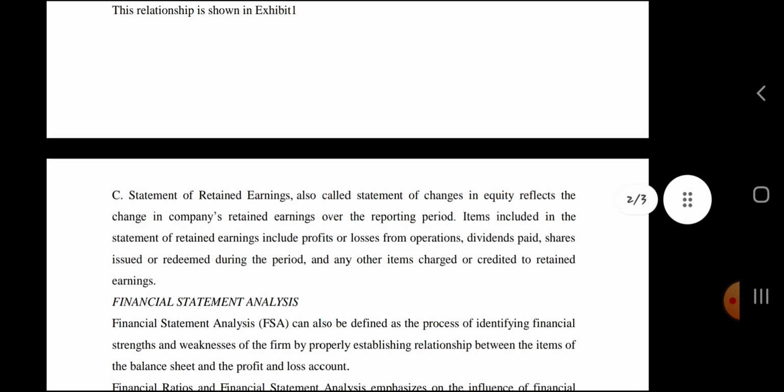So the statement of retained earnings is also important for financial statement analysis. Here changes in equity reflect the change in the company's retained earnings.